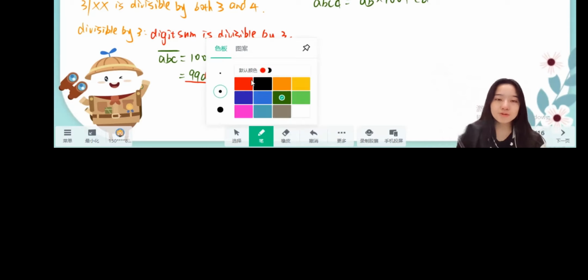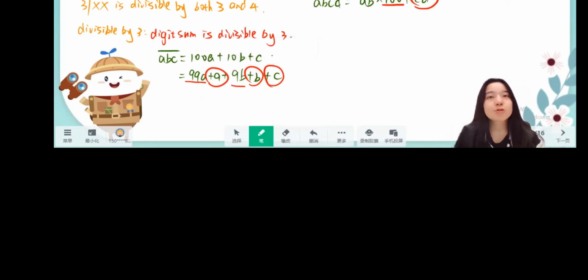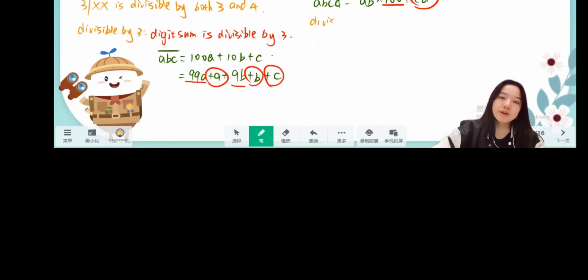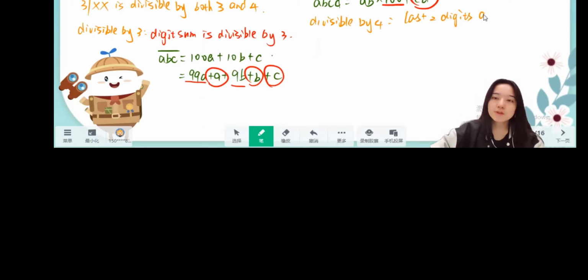Because 100 is divisible by 4, actually we just need to check if the last two digits, CD, are divisible by 4 or not. So when we want to prove if a number is divisible by 4, we need to check if the last two digits are divisible by 4.